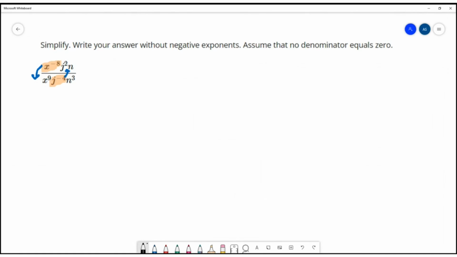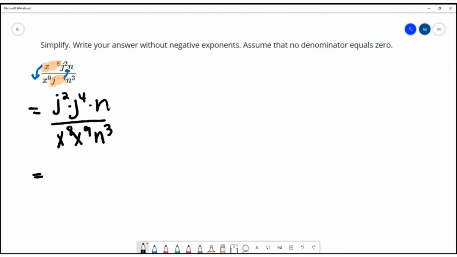So applying those negative exponents would give me j squared times j to the 4th times n over x to the 8th, x to the 9th, n cubed. So we apply the negative exponent and it moves the factor. If you're in the numerator, it moves it to the denominator. If it's in the denominator, it moves it to the numerator.